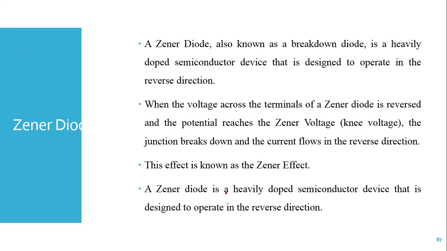Zener diode, also known as breakdown diode, is a heavily doped semiconductor device that is designed to operate in the reverse direction. So from this you can identify the difference between Zener diode and the conventional PN junction diode.